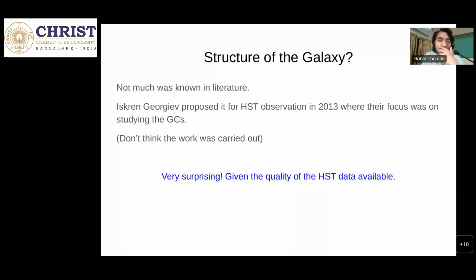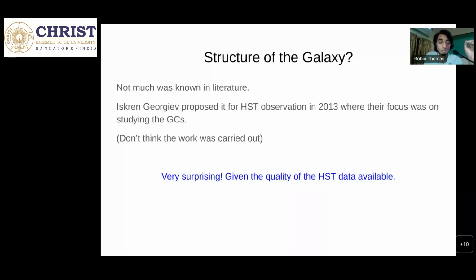I think in 1986, Giovanelli found the galaxy and found the rotation velocity of the galaxy, I think up to 30 kpc or so, from HI 21 centimeter. After that, I think in 2012 someone found a massive galactic halo from XMM-Newton soft X-ray observation. So not much was done about the galaxy, and we didn't know specifically the structure of the galaxy.